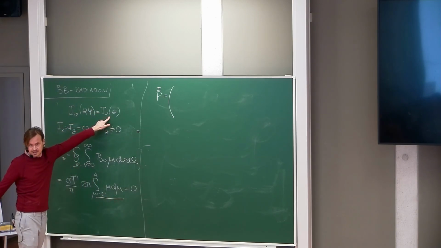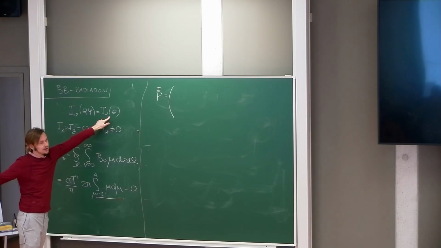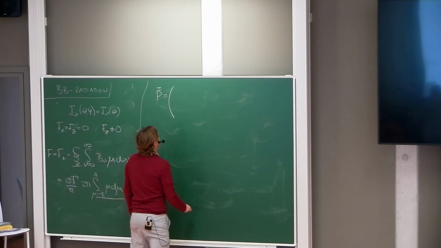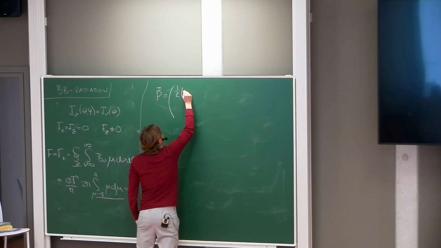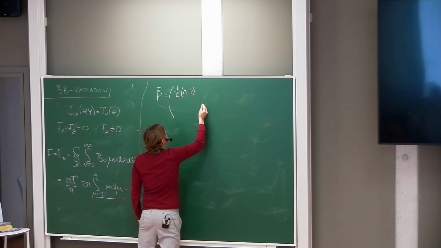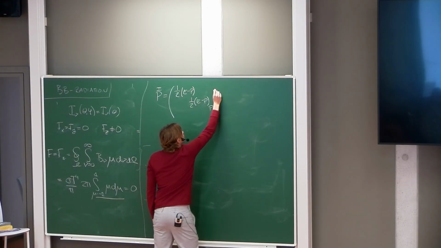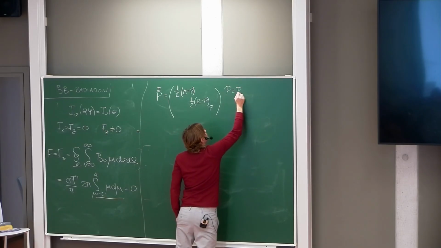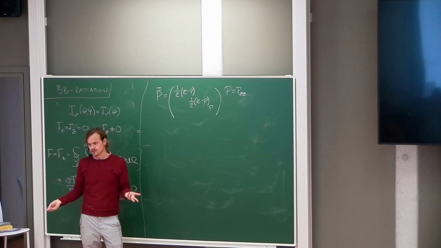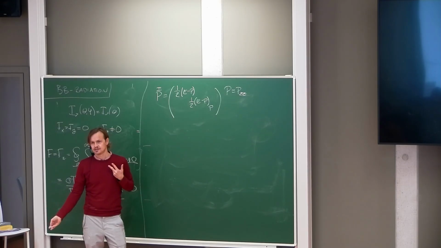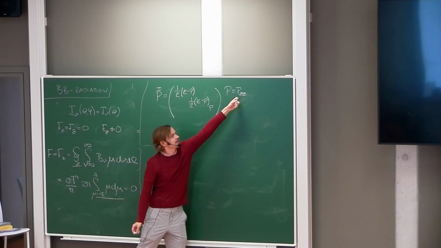Then we already showed that it had the following form: 1/2 E minus P, 1/2 E minus P, P, where P now equals the radiation pressure, analogous to the flux. Okay, so let's evaluate.